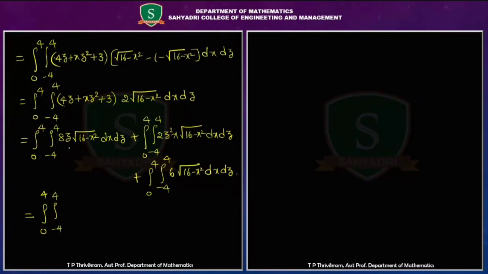So here 8z, if you want to apply the integral, I'll write the integral value, 8z. So you need to integrate this one, right? So the integration of root a square minus x square dx. How to write this integral value?